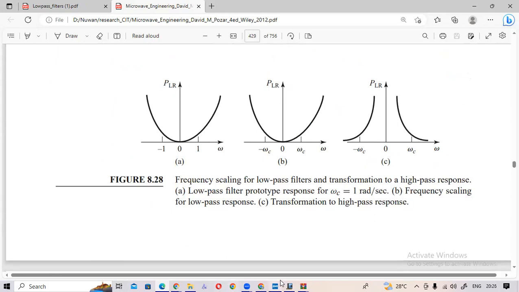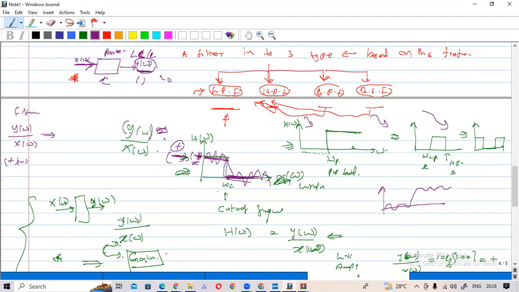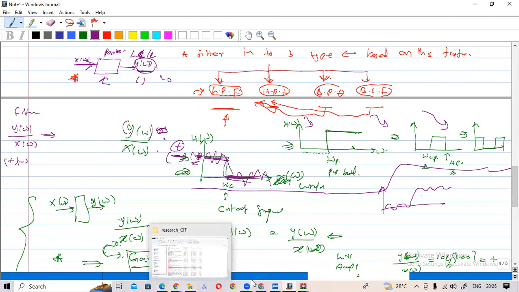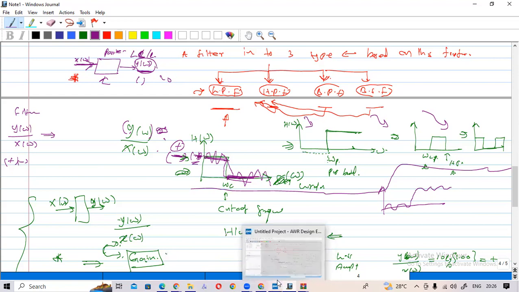Okay, here we are considering about gain curve. I think you are familiar with this. Okay, correct. Okay, you are familiar with these gain curves, gain response, but sometimes loss also can be considered. Okay, here for the transformation also loss is considered. Is that okay with you? Okay, so we are doing an example, then you can understand.